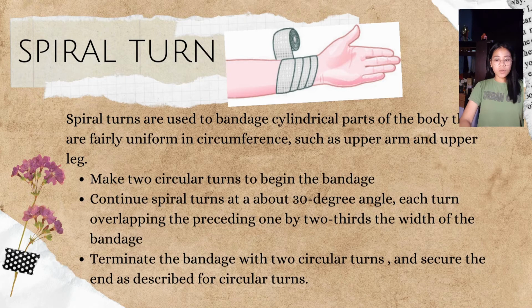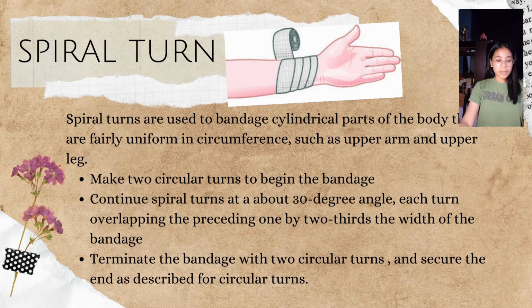And then we also have the spiral turn. This technique allows the bandage to fit closely to the skin. This is used on cylindrical parts of the body that are fairly uniform in circumference, such as the upper arm and upper leg.